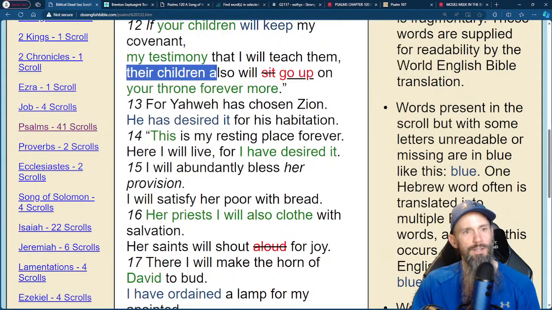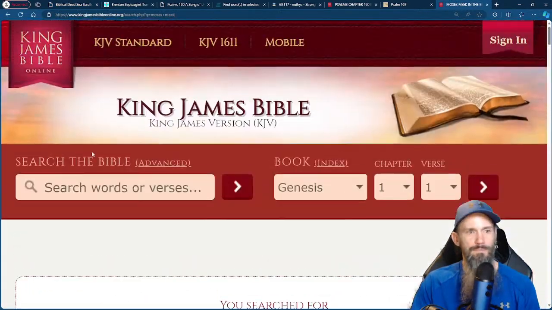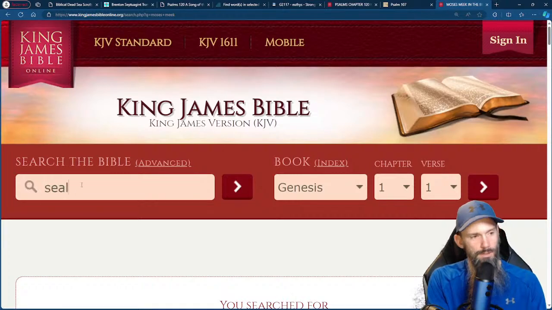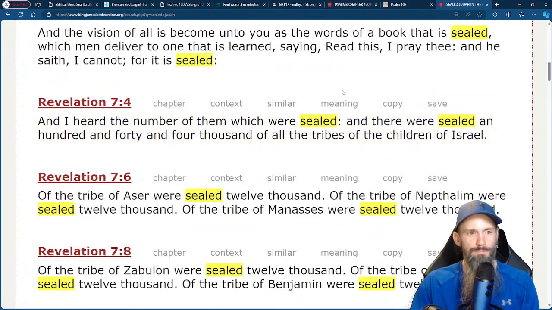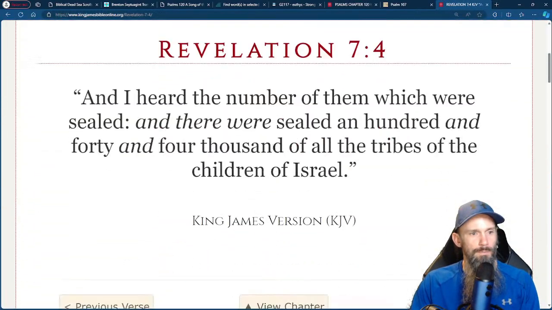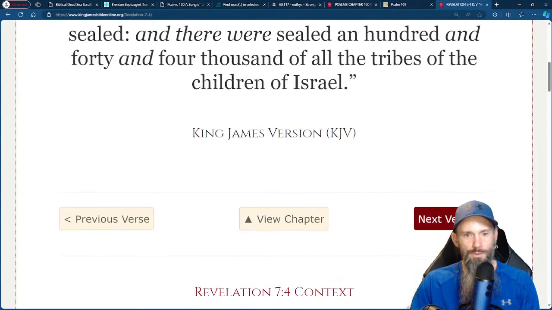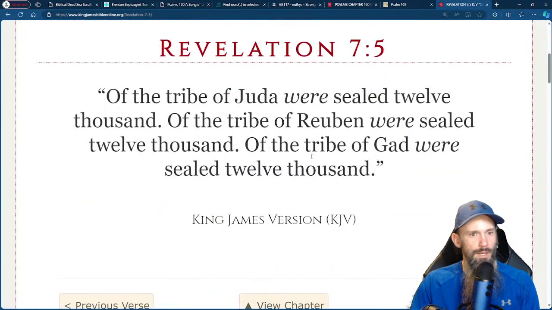Now this right here is interesting. And I'm not sure if that's what it's referencing, but he seals Israel right here at the end.